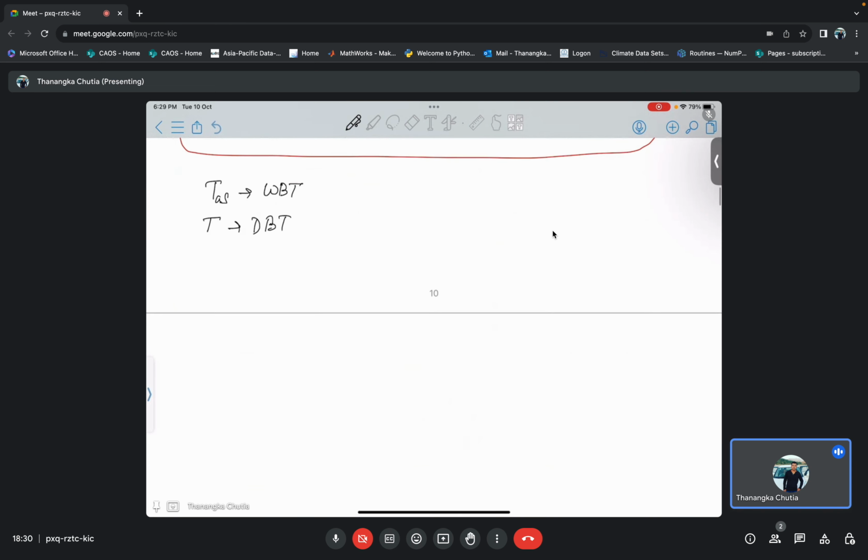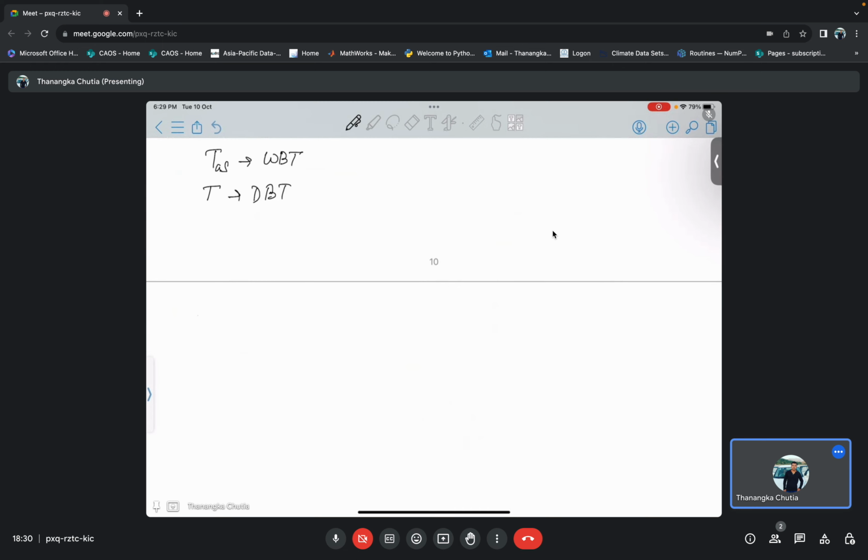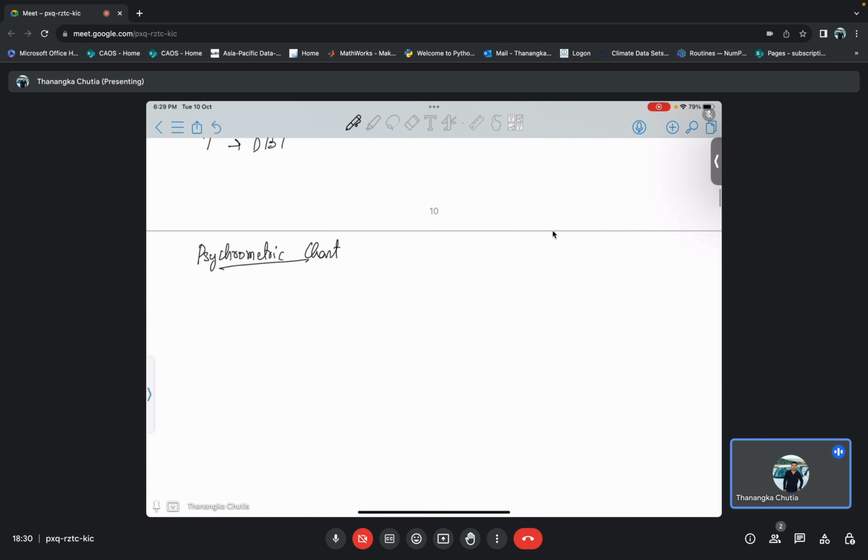Now if you look at the psychrometric chart, what basically happens is that there are certain types of lines. These are your constant relative humidity lines.